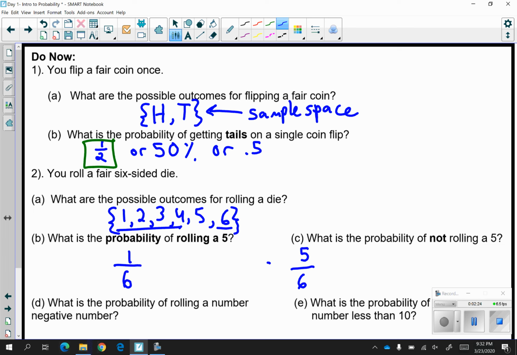These are actually called complements. And we know they're complements because they add up to a total of 1.